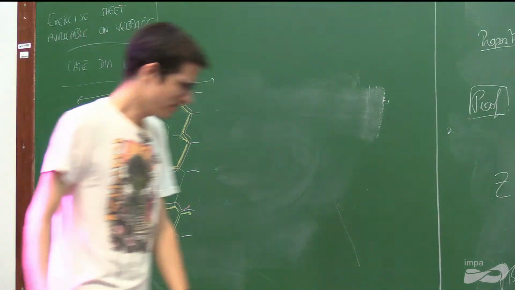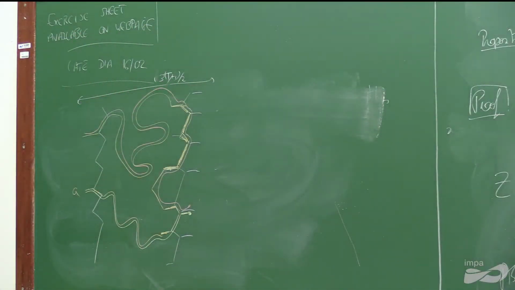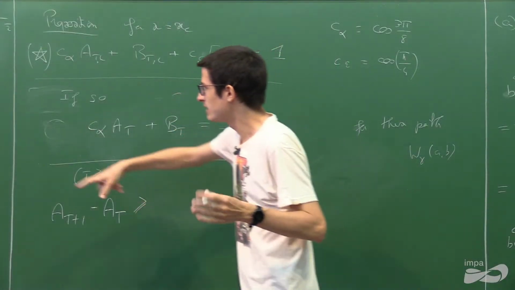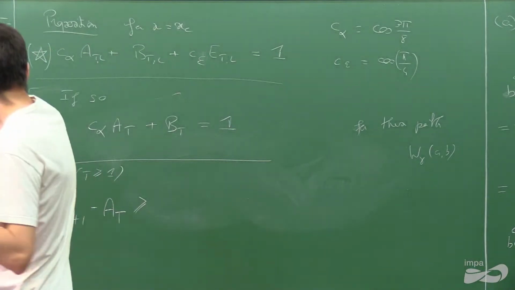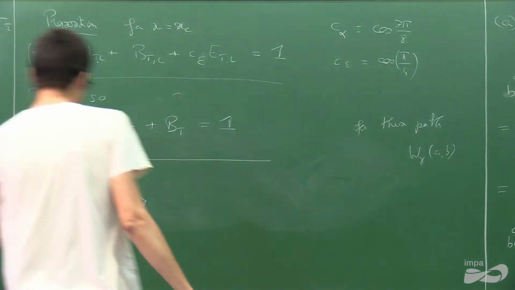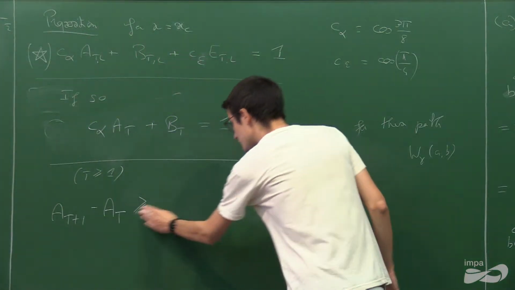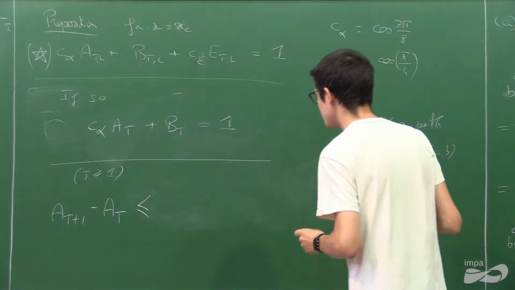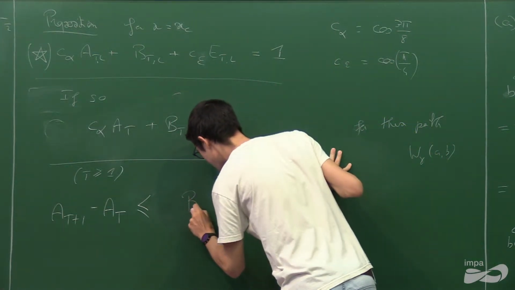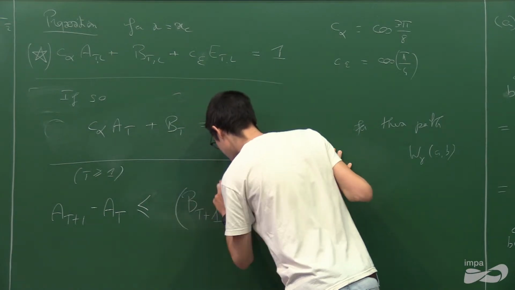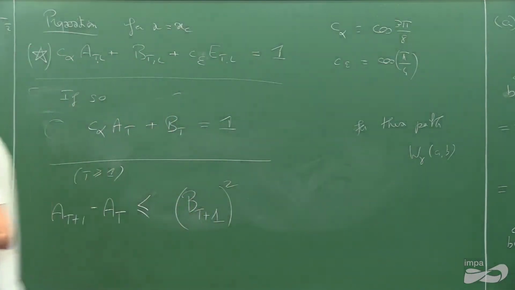But basically, if I'm counting pairs of bridges, I'm over-counting this path. So this sum over these orange paths of x to the length is smaller than the number of pairs of bridges, so I would get B_{T+1} squared.